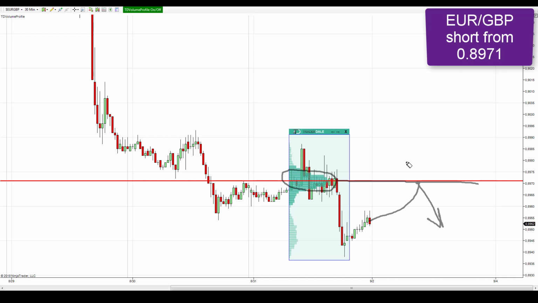What I also like about this level is that there were some strong rejections of higher prices. There was a rejection right there. This is a strong rejection of higher prices, and also right there, this candle, this pin bar, is another rejection of higher prices, and such rejections show us that strong sellers rejected the higher prices aggressively, which means that they are stronger than the buyers.